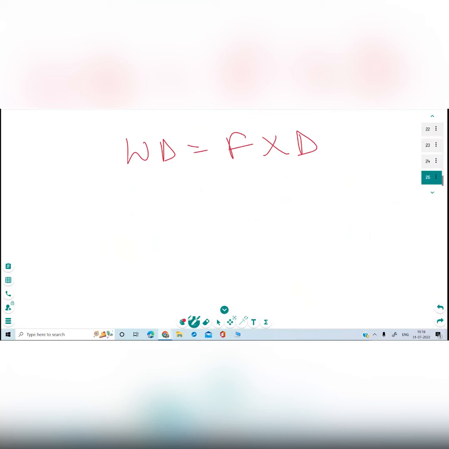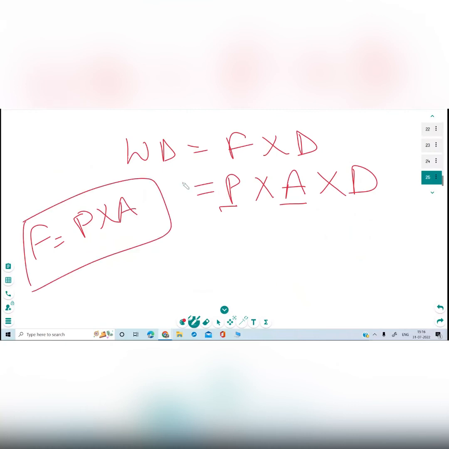Now, force: can I write it like P into A? Force is pressure into area. Can I write F as pressure into area?